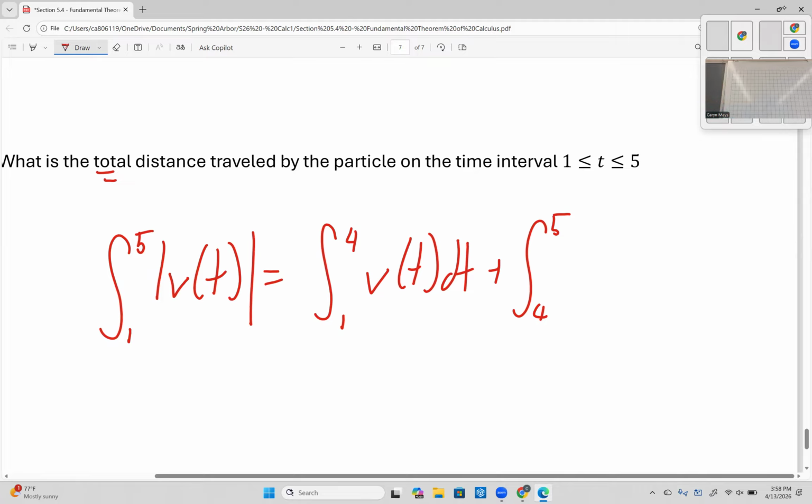We talked about absolute value. If my function is negative and I take the absolute value of it, that will change the sign. So I take the integral of negative v of t. So change all the signs.